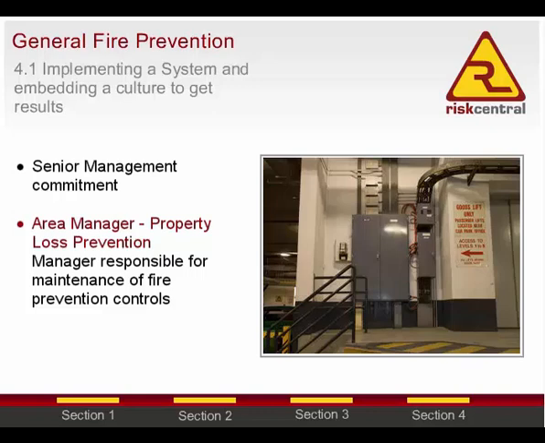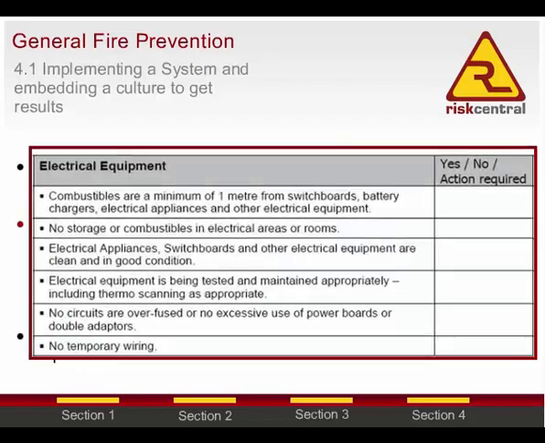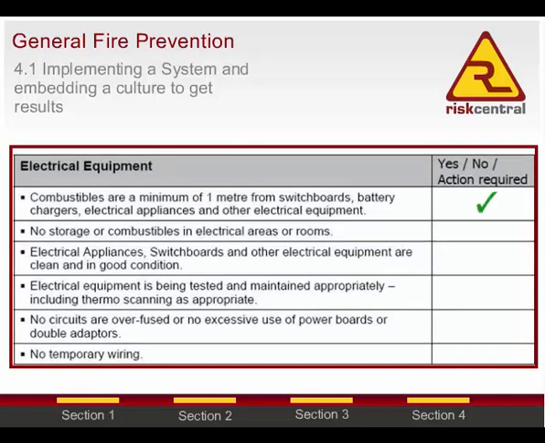For example, area manager, property loss prevention. Area managers should be made responsible for the completion of regular scheduled self-inspections, for example, weekly, monthly, etc. as appropriate. The inspections of a particular area may be conducted by another area manager or the site manager to provide a different perspective.